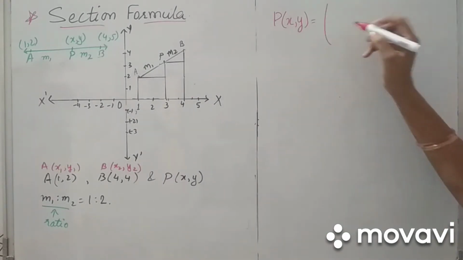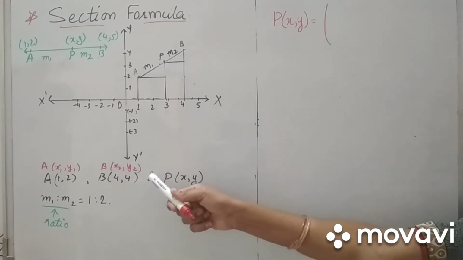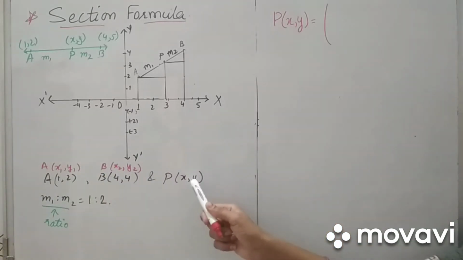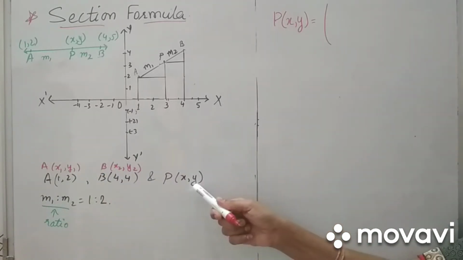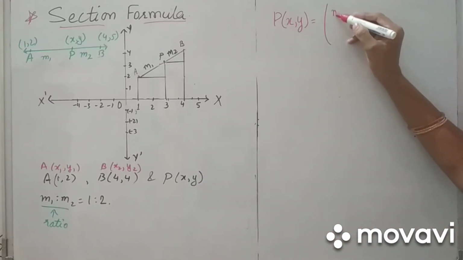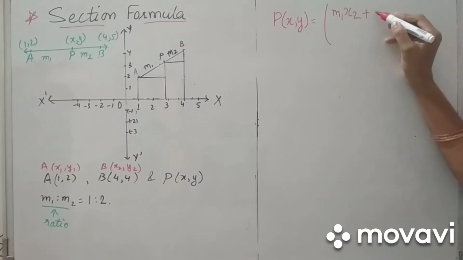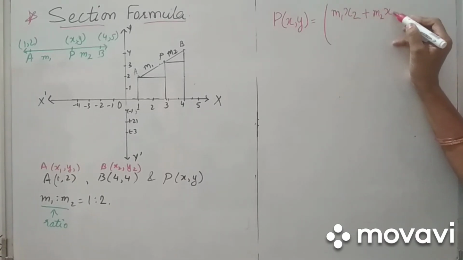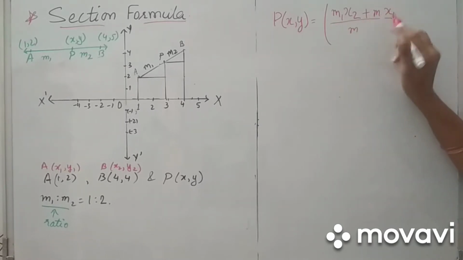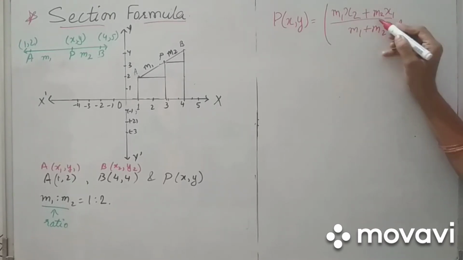So, what will it be? Let's see, the coordinates of A as x1, y1 and B as x2, y2 and the point P as x and y. x equals M1 into x2 plus M2 into x1 upon M1 plus M2.